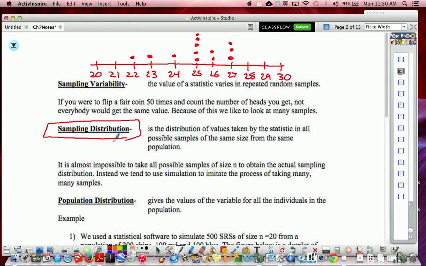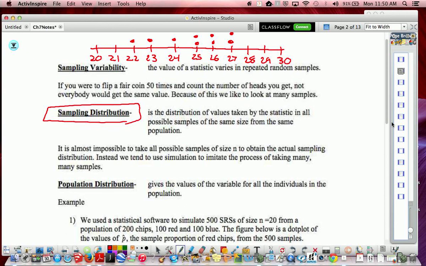It's the distribution of values taken by this statistic on all possible samples of the same size. We collected 13 samples, but to truly be a sampling distribution, we would have to continue doing this forever.